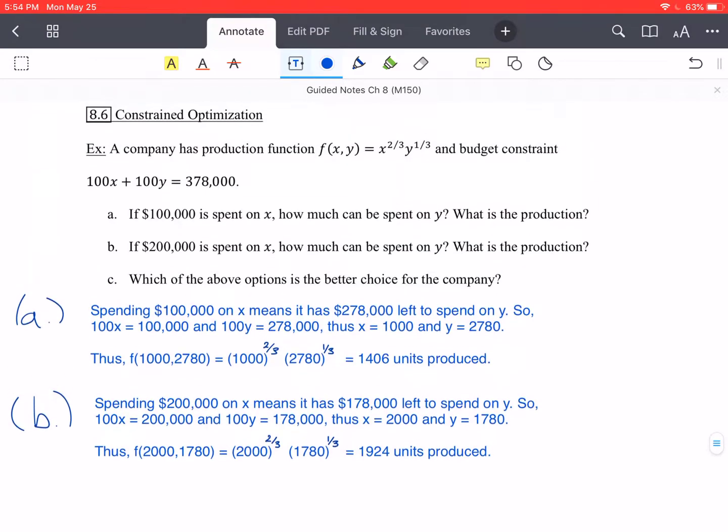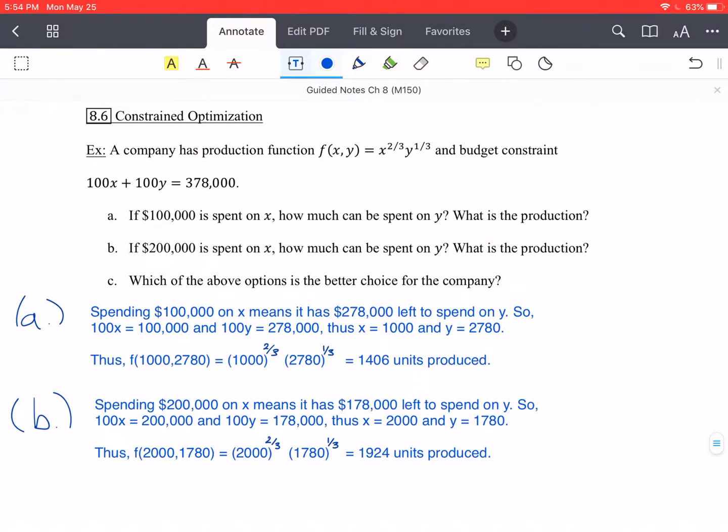Okay. So then part C asks, which of the above options is a better choice for the company? So the budget constraint has not changed. This company is only able to spend $378,000 on its production elements no matter what. And if we spent it this way, as dictated in part A, then we are able to produce 1,406 units of whatever our product is.